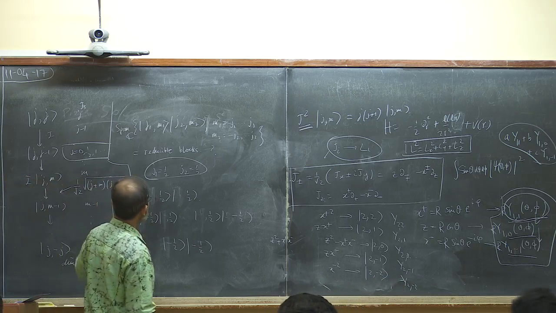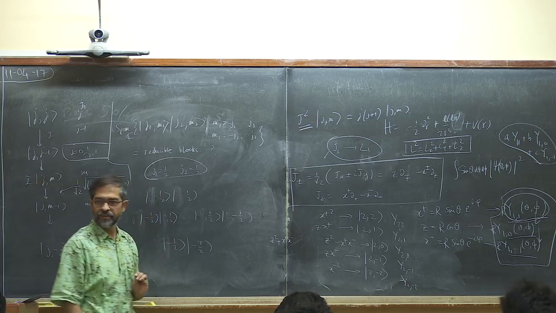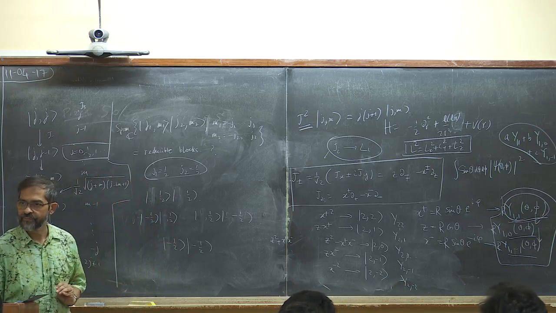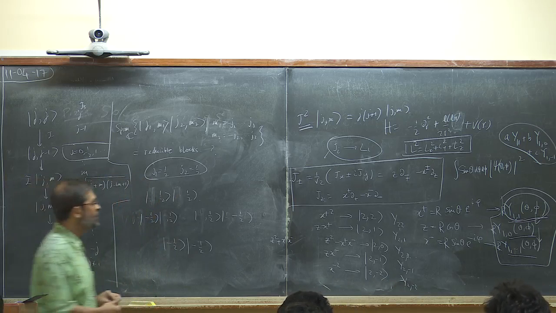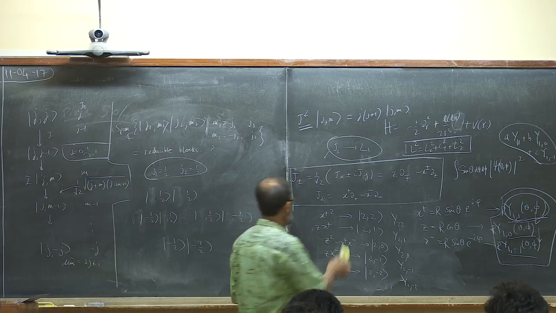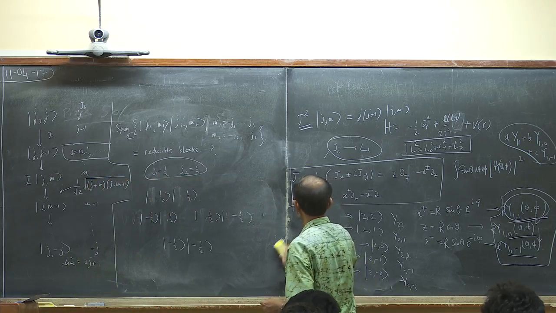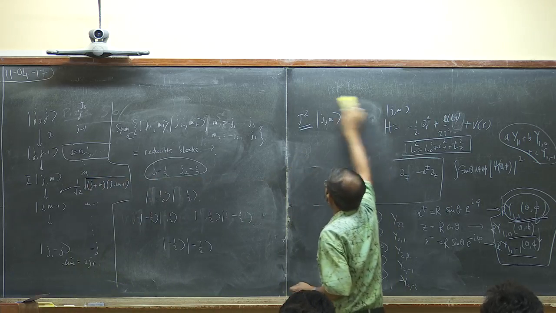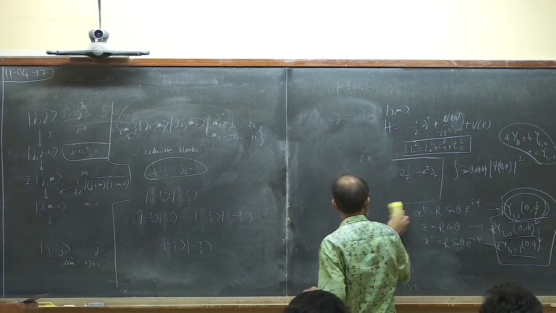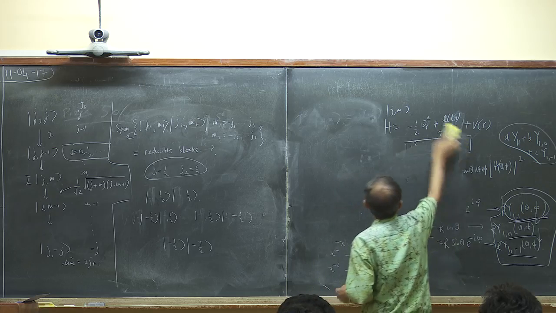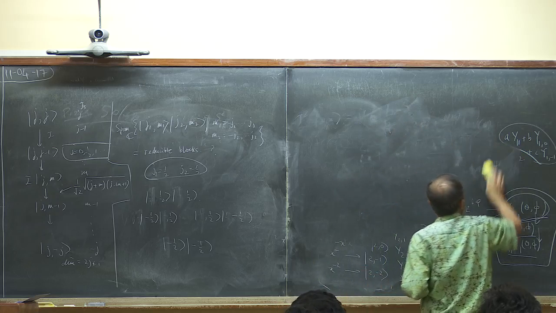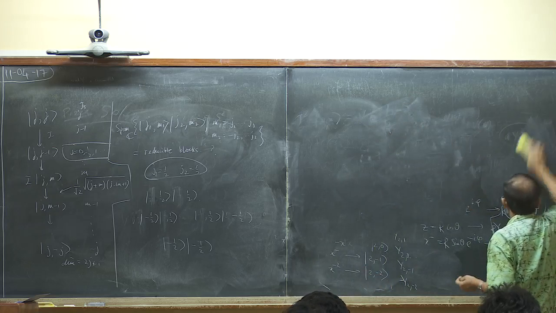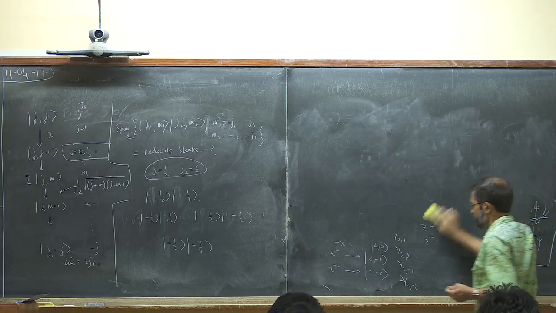Now I claim that this object is a highest weight state. How? So let me go back to the definition of how Lie algebras act on tensor product states. This I think I have said before, but let me say it again.